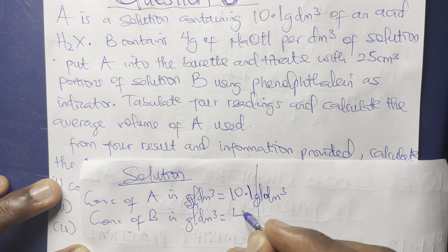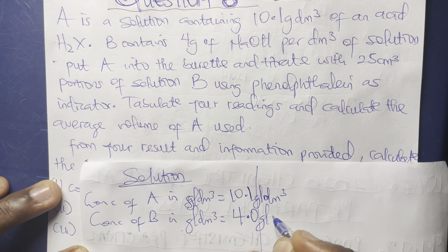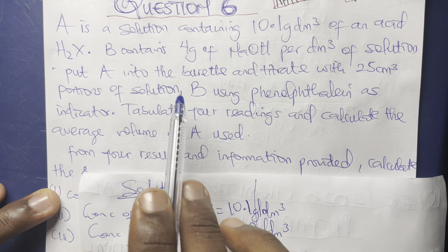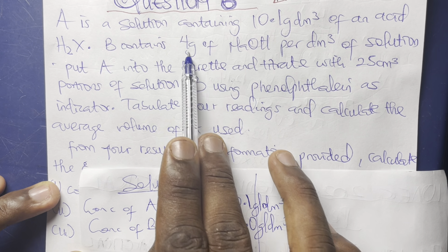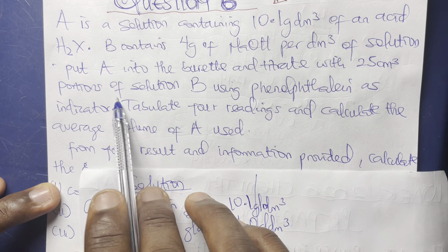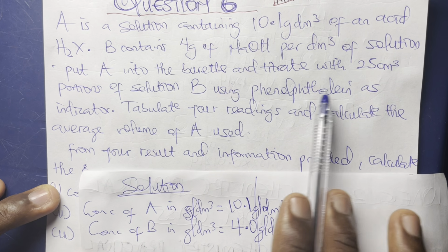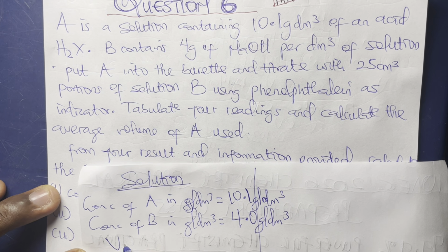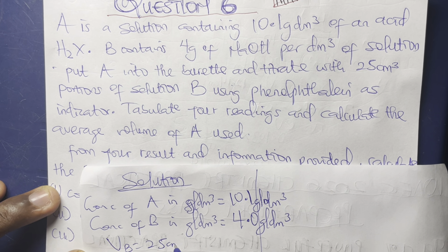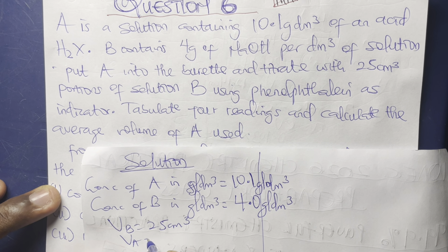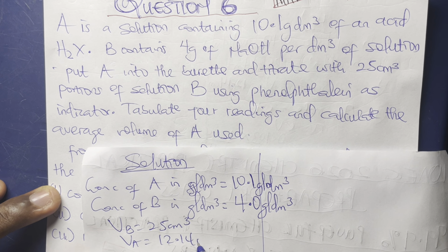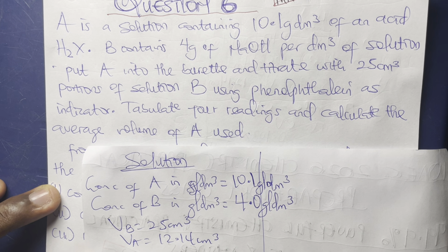That is 4.0 gram per dm cube, as you can see, 4 gram of NaOH per dm cube. Our VB is 25 cm cube. What about our VA? Our VA is 12.14 cm cube.